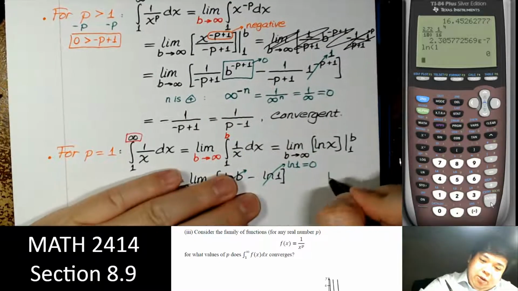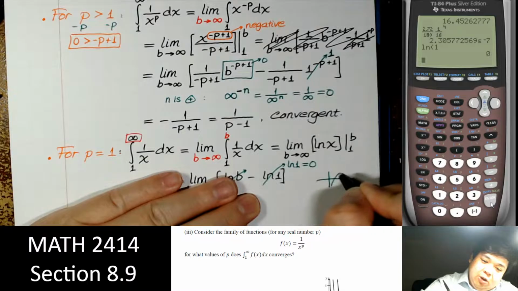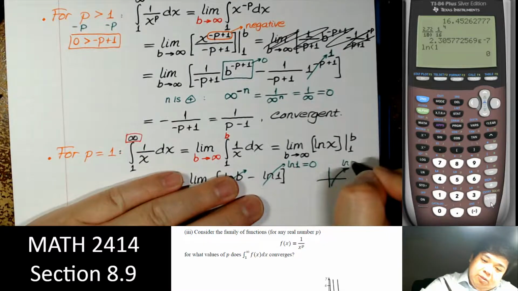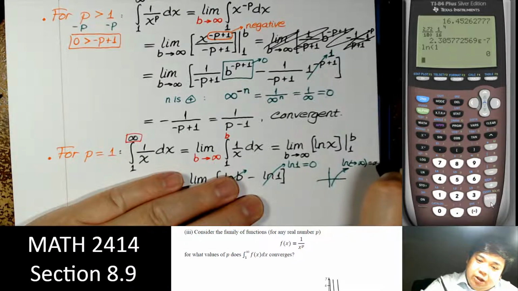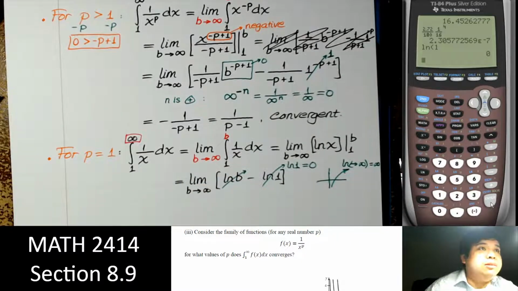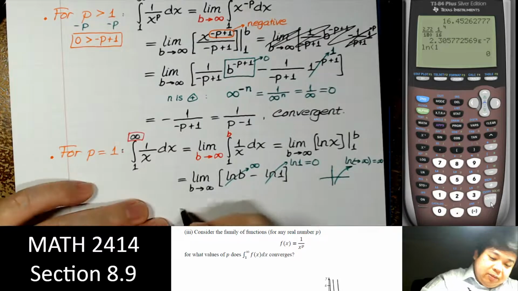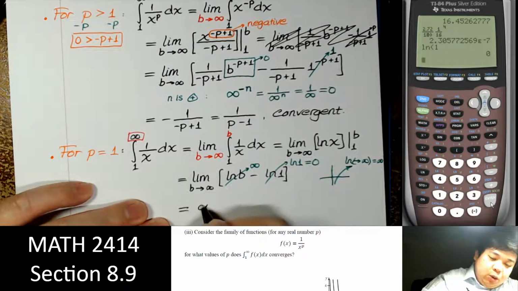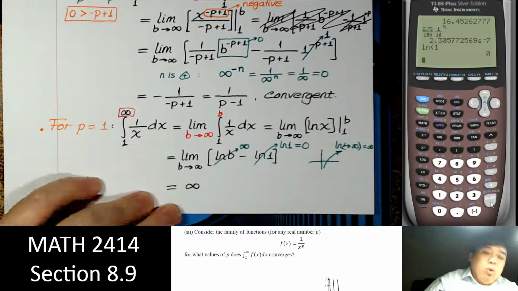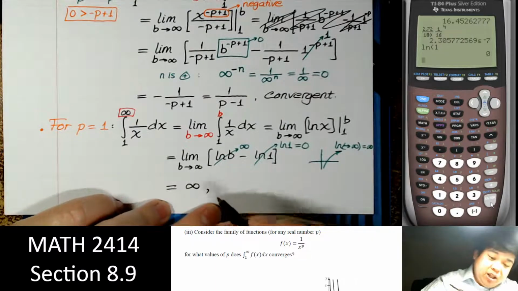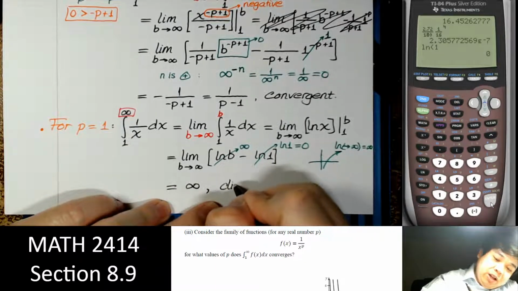The ln function goes to infinity as its input goes to infinity, so that one goes to infinity. The bottom line is this limit is equal to infinity. Since it is not a finite number, or the limit does not exist, we say this one is divergent.